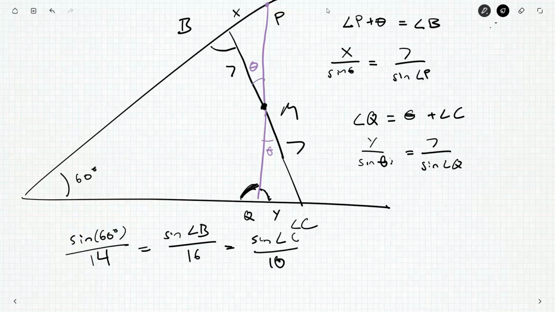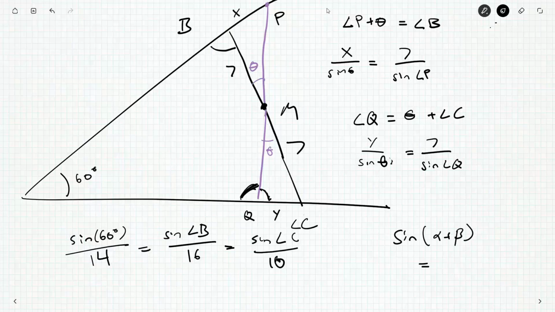That's going to get me sine angle B and sine angle C, but then I'm going to have to use the sine of alpha plus beta laws, and that's just going to be a mess. So I'm going to stick a pin in this. I might have to come back to this, but I believe there's got to be a simpler way.